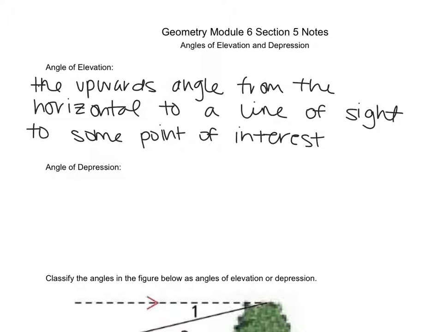So if an angle of elevation is an upwards angle, an angle of depression would then be a downwards angle. So it's the same definition, but instead of upwards, it's downwards.